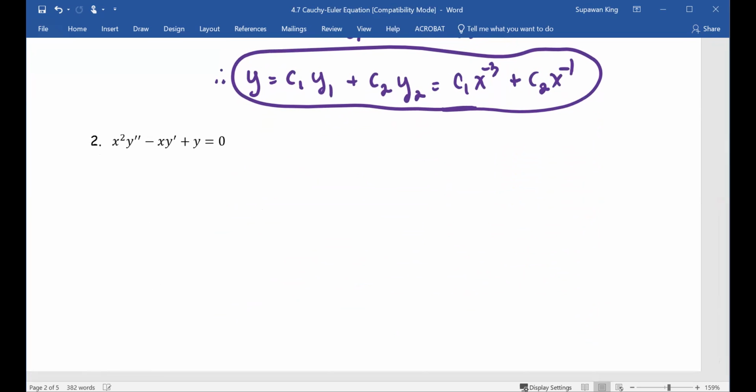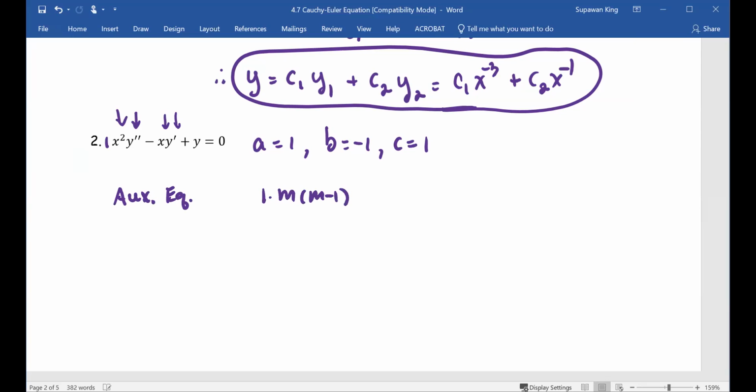The second example here, again, is Cauchy-Euler homogeneous, second order with second power, first order with first power. The a is 1, the b is negative 1, c is 1. Okay, the auxiliary equation is 1 times m minus 1, then b, which is negative 1, times m, and then plus c equals 0.